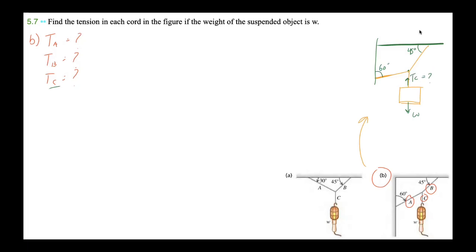This point is also in equilibrium, because it's not accelerating if it's in place. That means that all these forces, TA, TB, and TC, are balancing it out so that altogether this is zero.